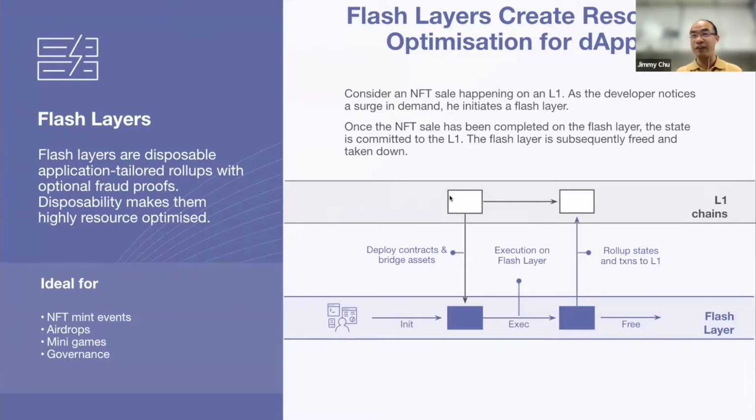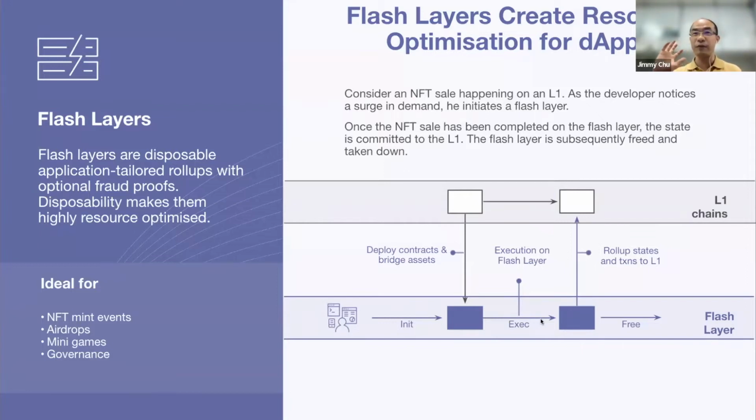For example, Ethereum mainnet, and then he decides to deploy his smart contracts and also to bridge some of his assets, whether it's the native chain tokens or ERC20 tokens, over to the flash layer. And then he deploys the contracts, deploys the bridged assets, and he will publicize this L2 smart contract address, and also have the front end interacting with these smart contracts on the L2.